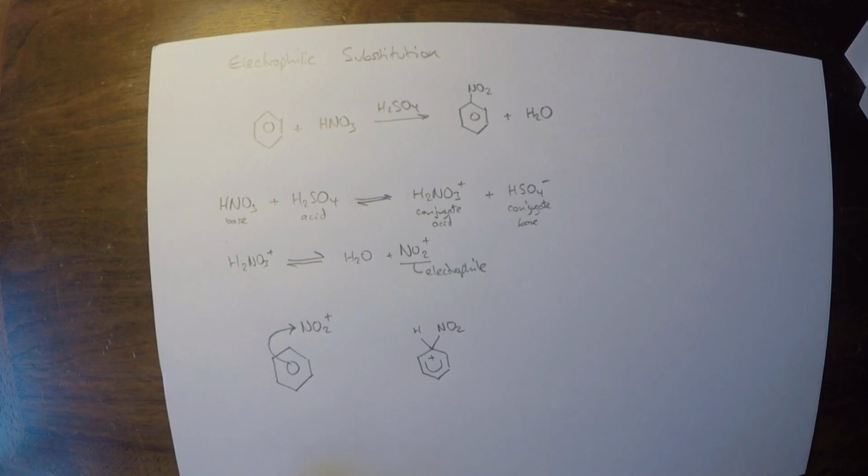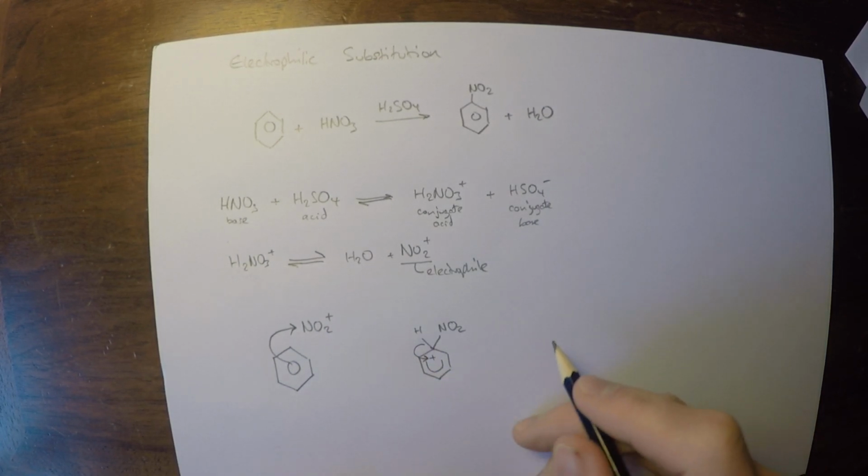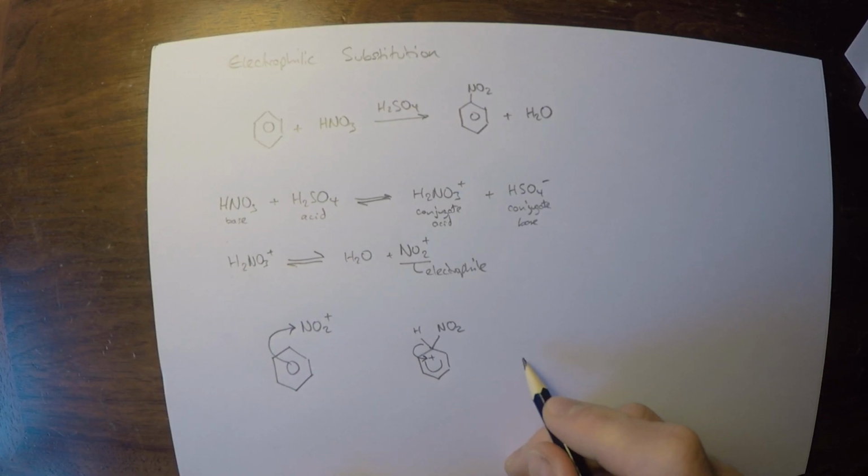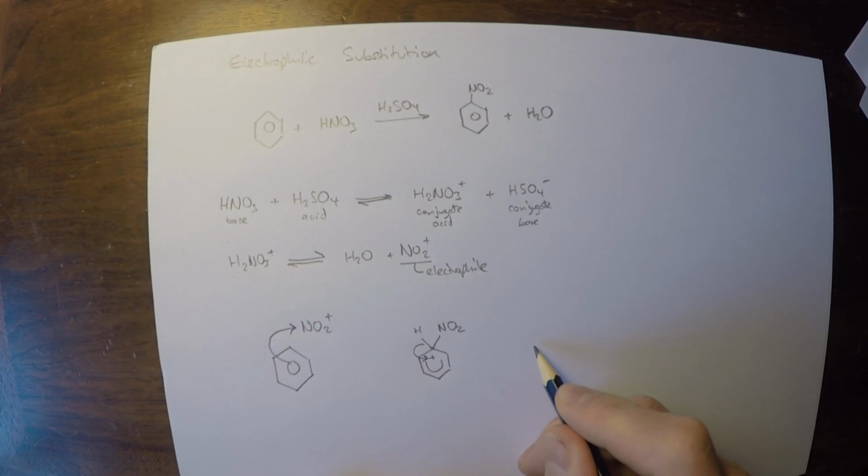Now this is unstable, and the molecule will seek to draw a pair of electrons back into the ring, and it will do this by taking electrons from the bond between the carbon and the hydrogen, therefore breaking this bond and letting the hydrogen leave as an H+ ion.